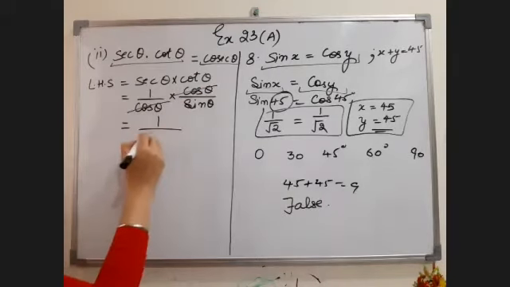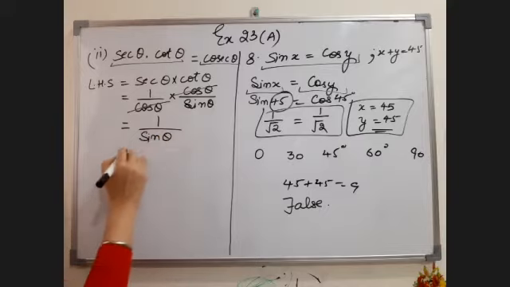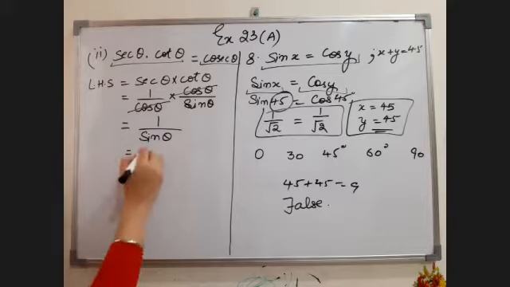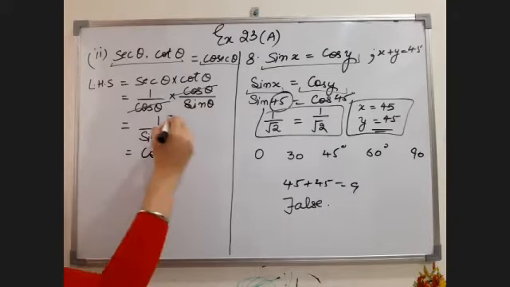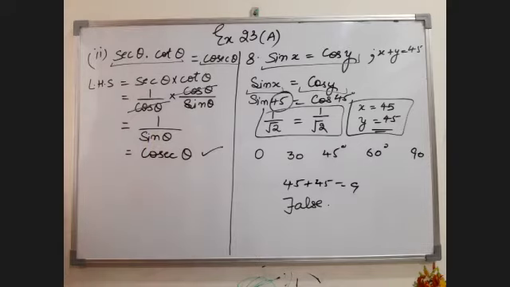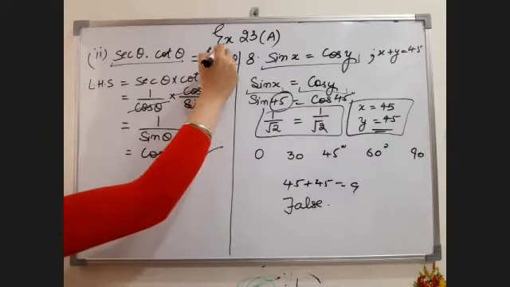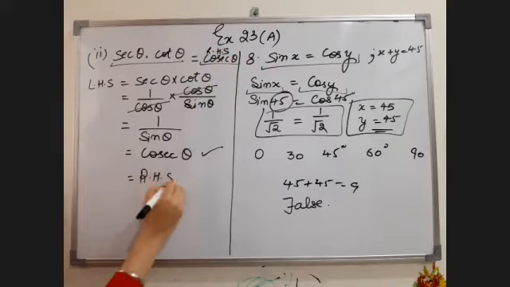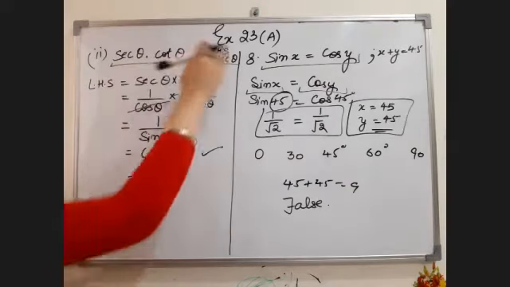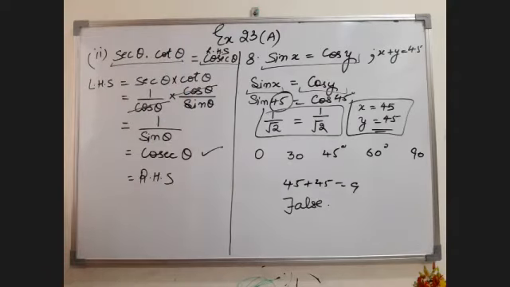So I am left with 1 by sin theta, which is equals to cosecant theta, because cosecant theta is the reciprocal of sin theta. And the right hand side is cosecant theta. That means secant theta into cot theta is equals to cosecant theta. Will it be true or false? True. So this one is true.